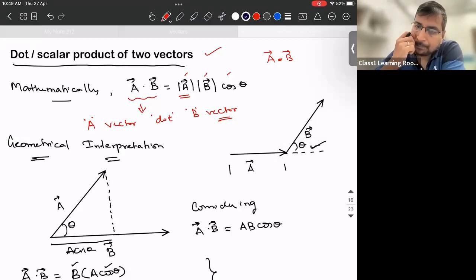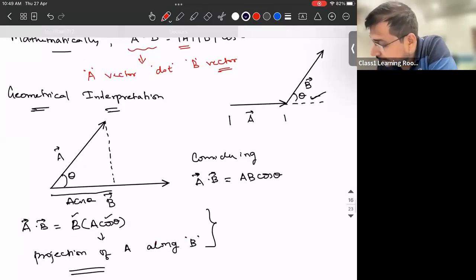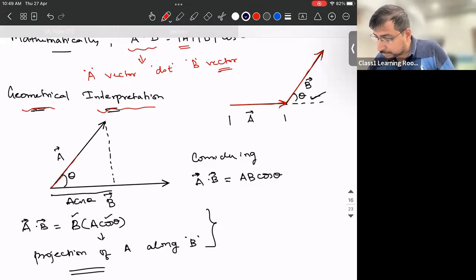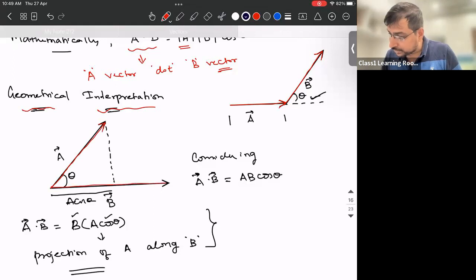Now, suppose I take a vector like this, A vector, and another vector like this, which is B vector. And if I am asked to find the angle between them, I'll come to this point next. Listen to this. How will you have a geometrical interpretation of what is the meaning of this? Suppose I have one vector like this, this is A vector, and I call this B vector.